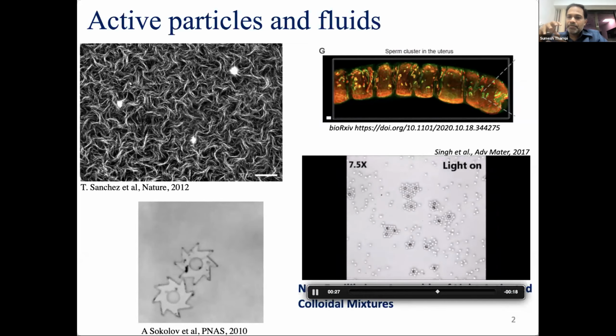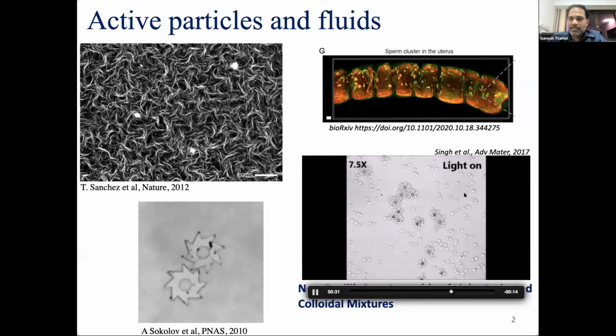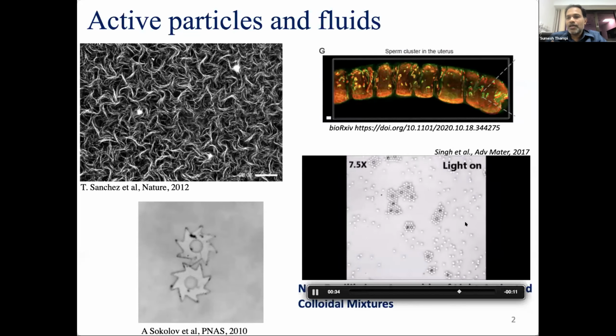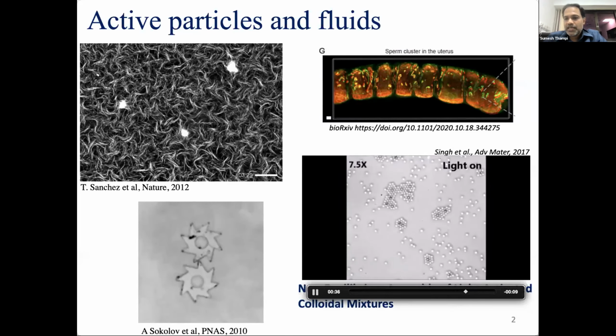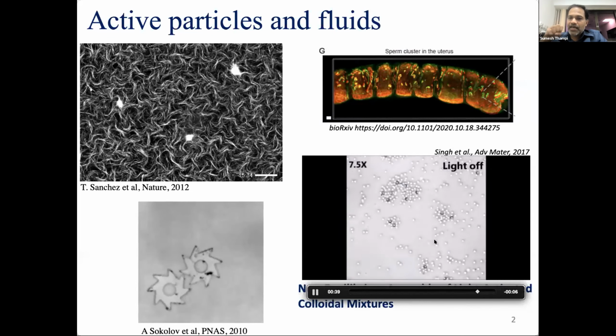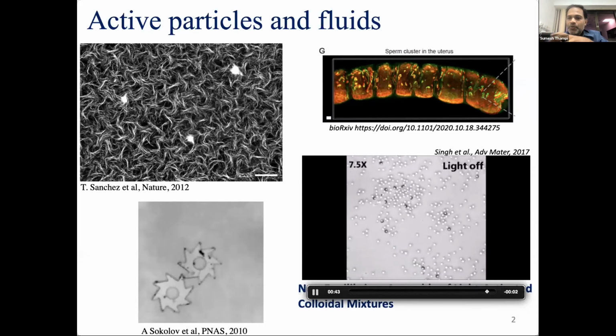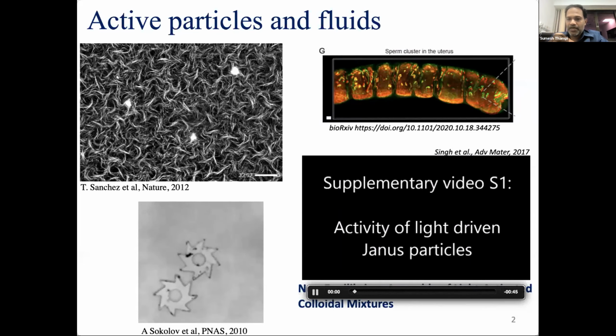Otherwise, they just behave like dead particles, and all the white particles around are passive particles which are just executing Brownian motion. So the moment the light is on, you start seeing clustering of those passive particles around the active particles.